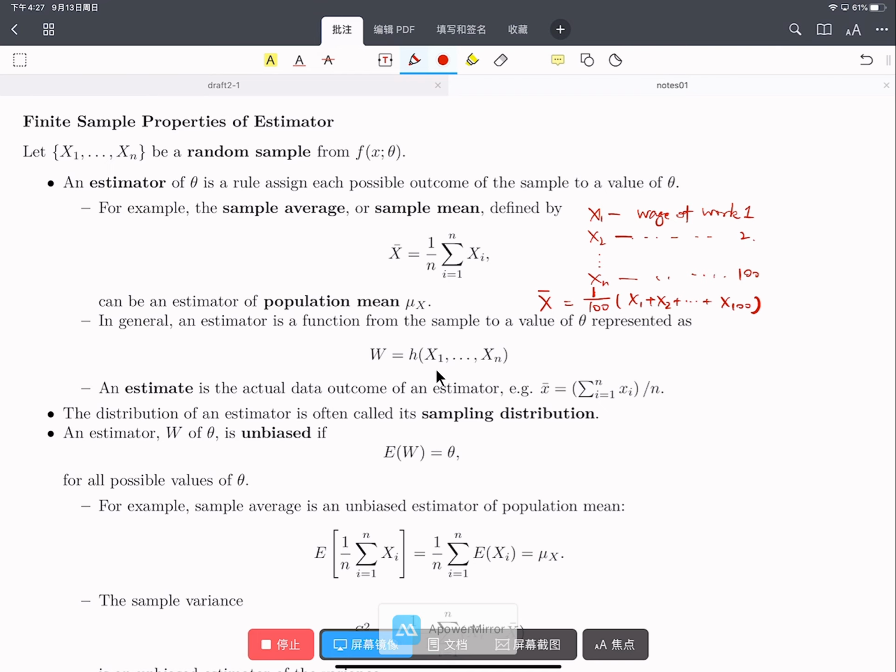By the way, because each observation in the sample is randomly drawn from the distribution, it is itself a random variable. So an estimator is a function of random variables, and it is also a random variable. So it also has a distribution, and the distribution of an estimator is called a sampling distribution.